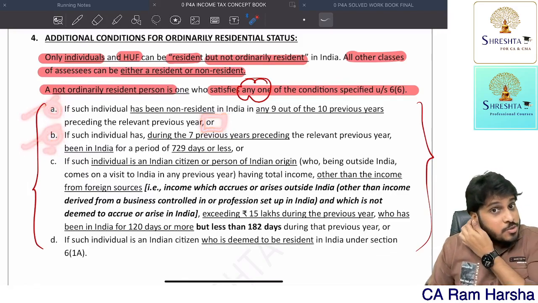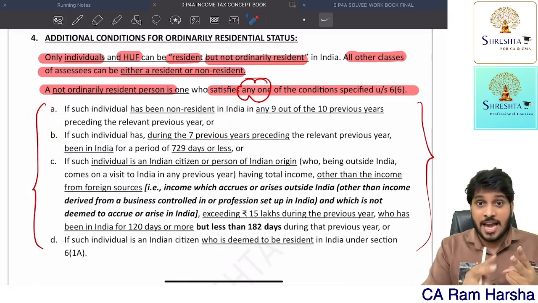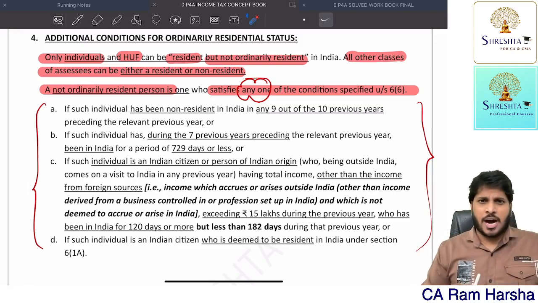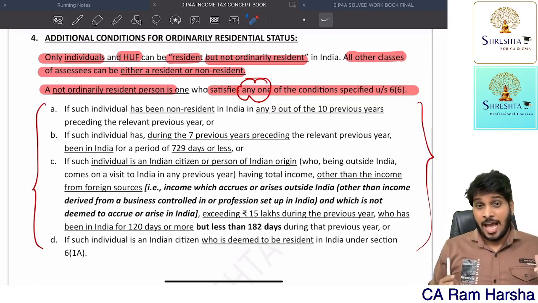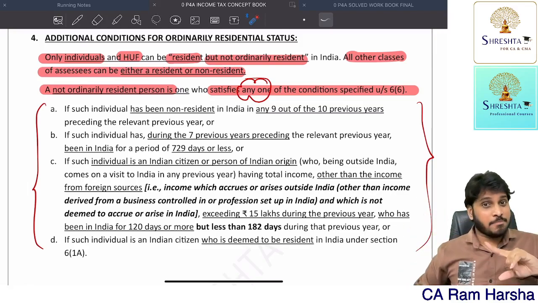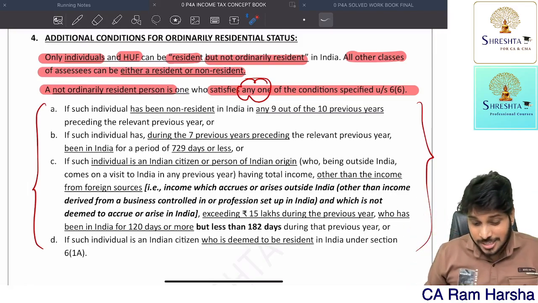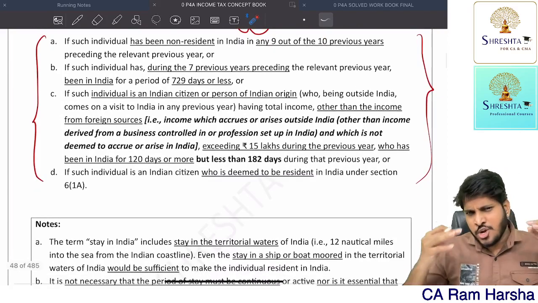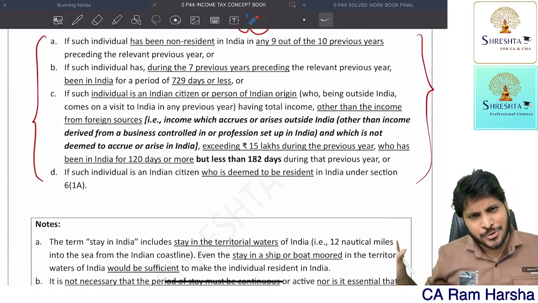Getting it? So you must have been in India as a resident for 2 years out of the past 10, and 730 days or more in the past 7 years. Not only that, when will you become RNOR by default?